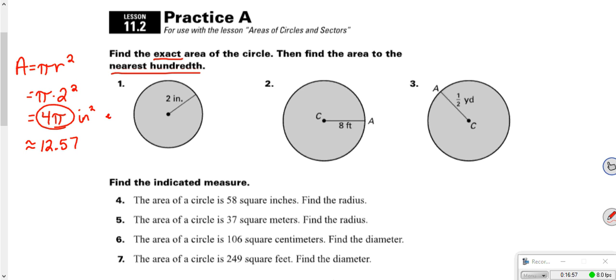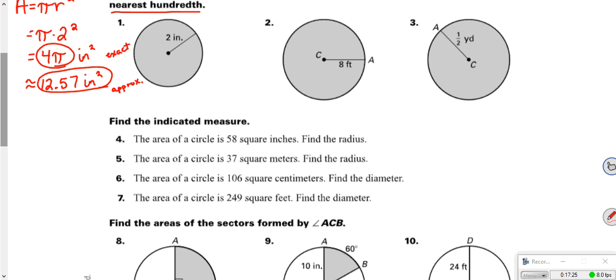Inches squared. And again, that's the exact answer. Poke it in a calculator, you get 12.57 inches squared, and that is the approximation, the rounded one. So 4 pi inches squared and 12.57 inches squared. Got to do both.